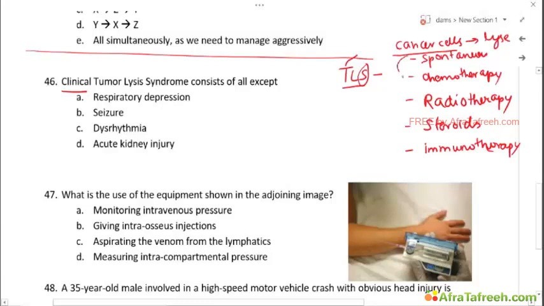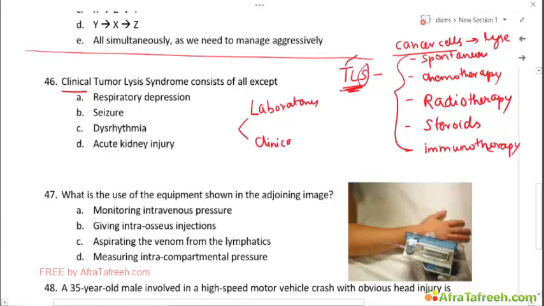Okay? So when any of this happens, there is a tumor lysis which leads to a host of laboratory abnormalities and clinical abnormalities. Okay?